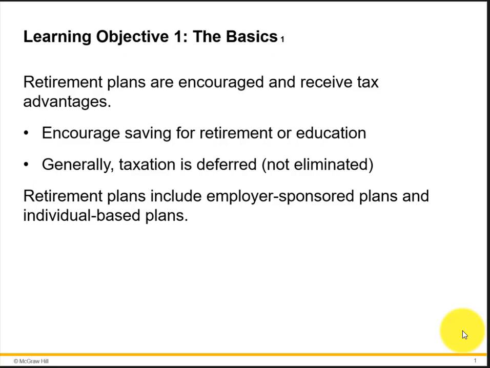The basic idea is that we put money in, we take a deduction for that now, and when we get it out later in retirement, when our income would theoretically be lower, then we pay the tax at a lower tax rate, because we know that the tax rate depends on our income in the United States.